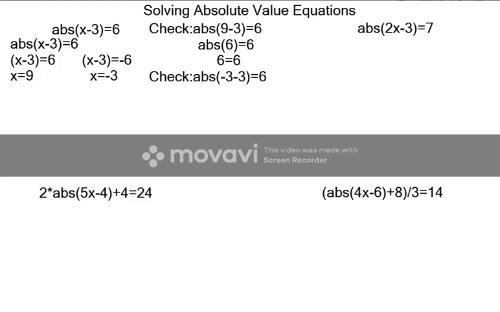Then you get absolute value of negative 6 is equal to 6. As I said before, whatever's in the absolute value becomes positive automatically, so this becomes 6 equals 6. As you can see, this is also a correct answer, so x equals 9 and x equals negative 3 are 2 valid and correct answers.